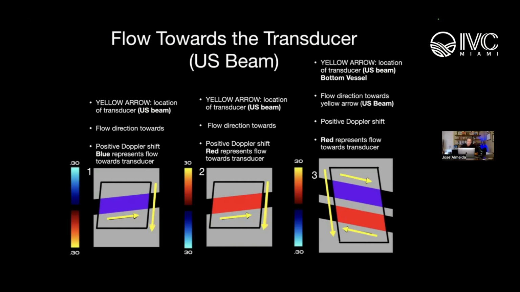All right. So Jan, let me interject because this is where people start getting confused. The transducer is sitting on the skin, and the sound waves are penetrating deep. But these blood vessels are oriented horizontally, as you can see there, and they're at an angle.